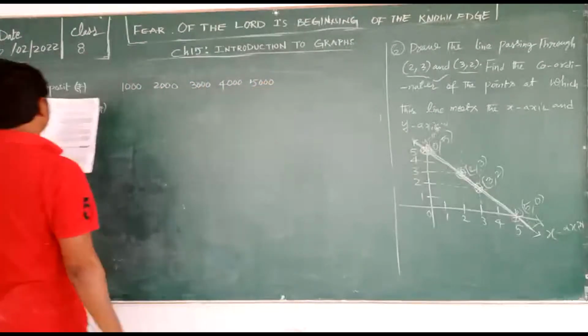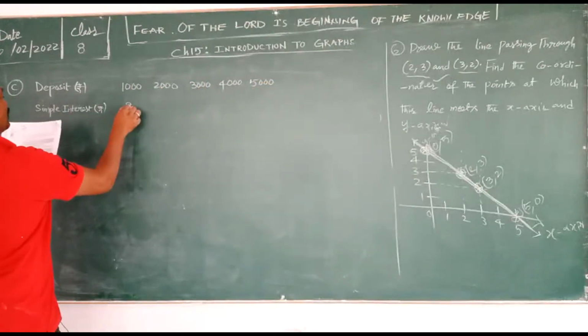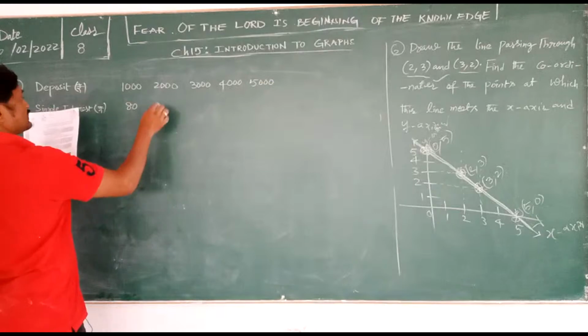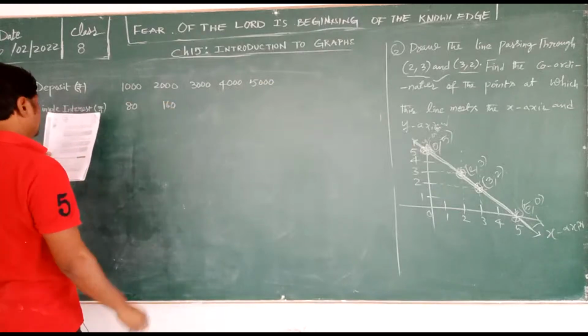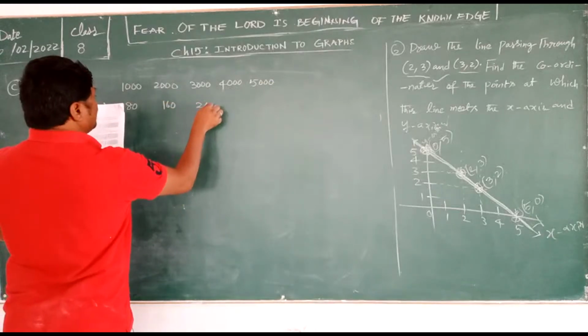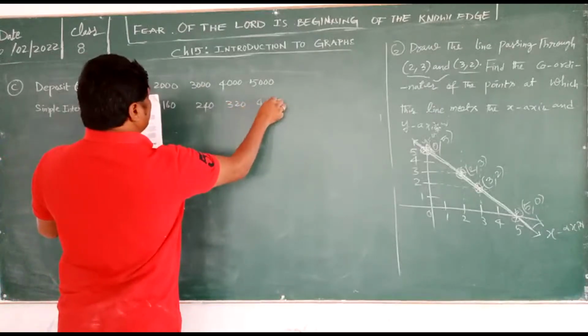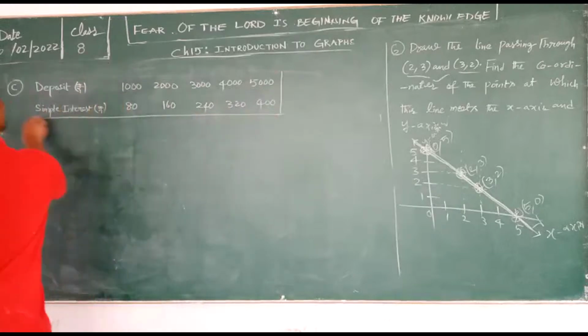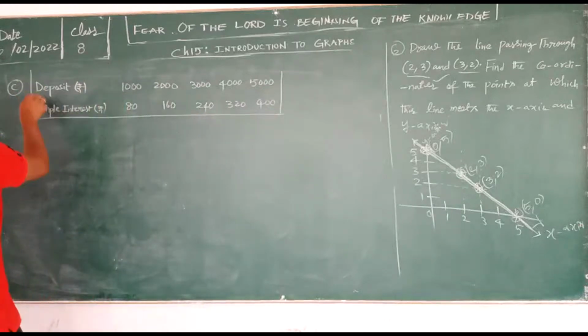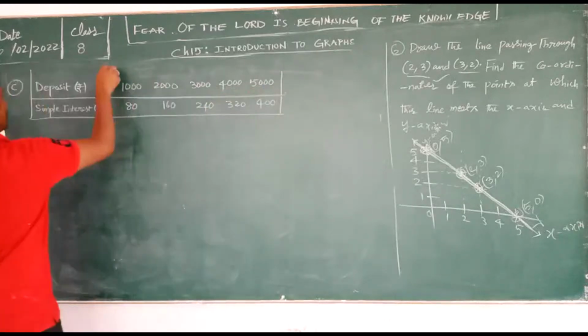The simple interest is 80 rupees for 1,000, 160 for 2,000, then 240, then 320, and then 400. Very simple question. Same kind of question is in your second problem also.